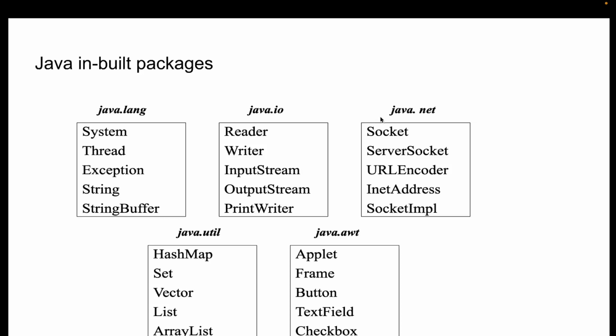If there is a host computer and a server computer, how do you communicate between two different computers on different networks? There are different classes for that. Using InetAddress, you can access addresses. These classes help you in writing such code, like Socket, ServerSocket, URLEncoder. These are in this package.